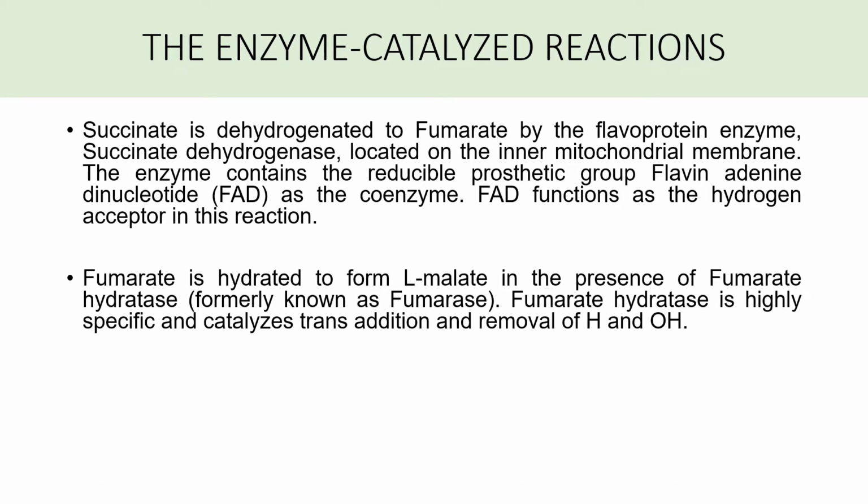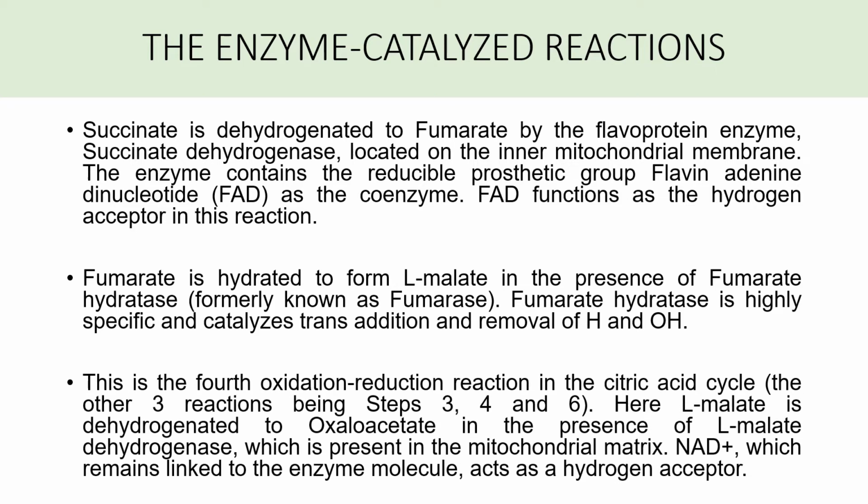Fumarate is hydrated to form L-malate in the presence of fumarate hydratase, formerly known as fumarase. Fumarate hydratase is highly specific and catalyzes trans-addition and removal of hydrogen and hydroxide.